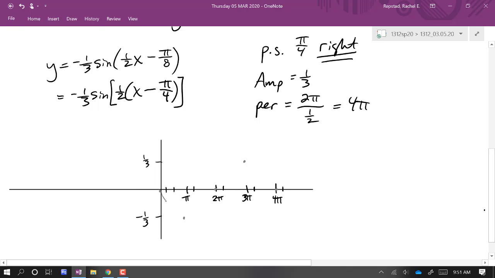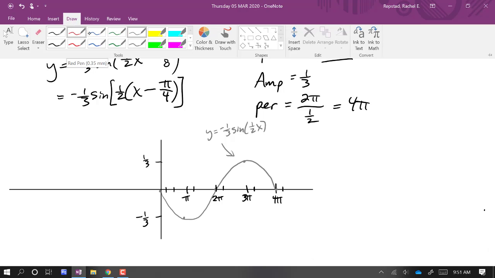So here's a graph of negative 1/3 sine of 1/2 x. Now we're just going to put in the phase shift, move all of these over.